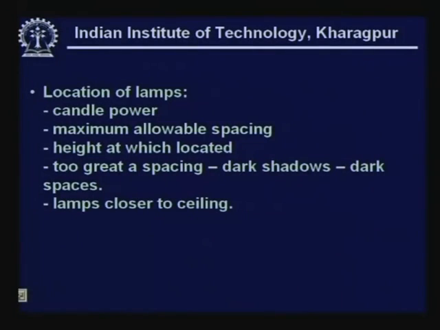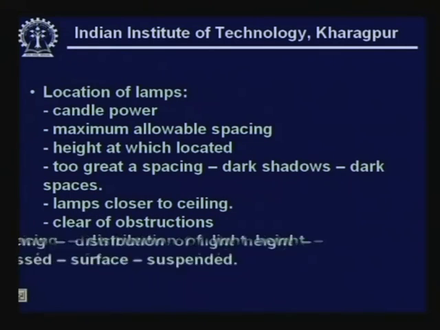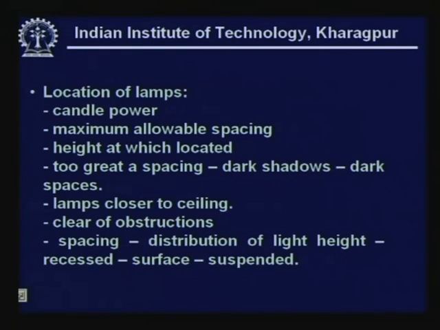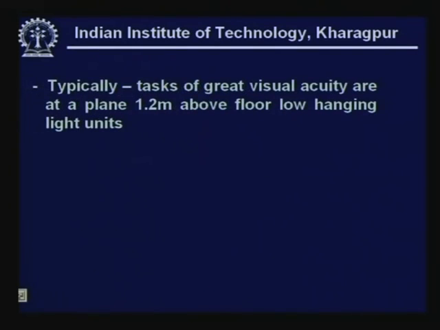Lamps are best fitted closer to the ceiling, and that way they are clear of obstructions, and they could be suspended, mounted at the surface, or recessed in the ceiling.